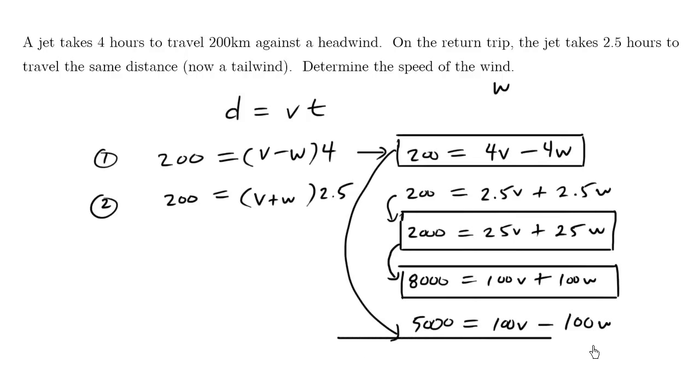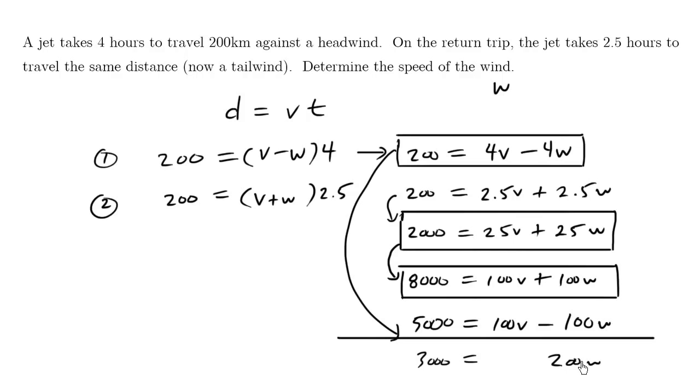So what I'm going to do now is draw a line here and subtract. It doesn't really matter whether you subtract down, up, or up, down, but we have to be consistent. 8,000 minus 5,000 is 3,000. 100v minus 100v disappears, and 100w minus negative 100w becomes 200w.